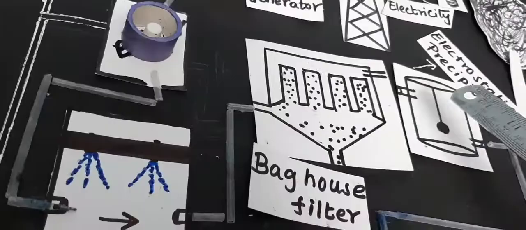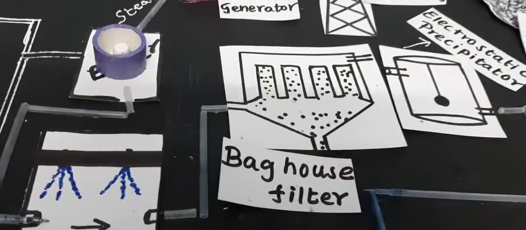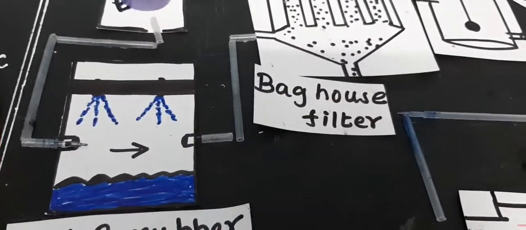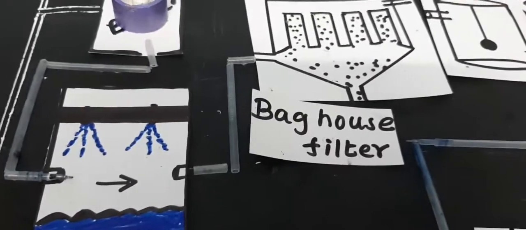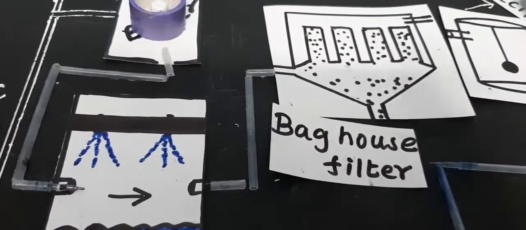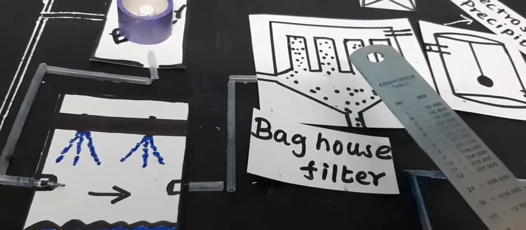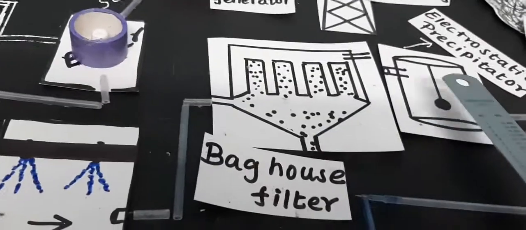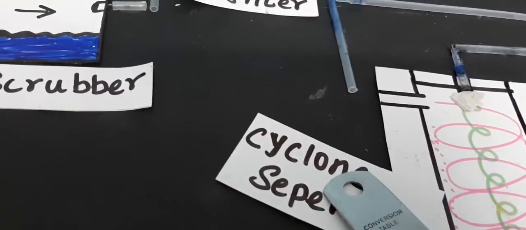After being cleaned using the wet scrubber, the gases are dried to remove moisture and then pushed into dry scrubbing units such as the bag house filter, electrostatic precipitator and cyclone separator.